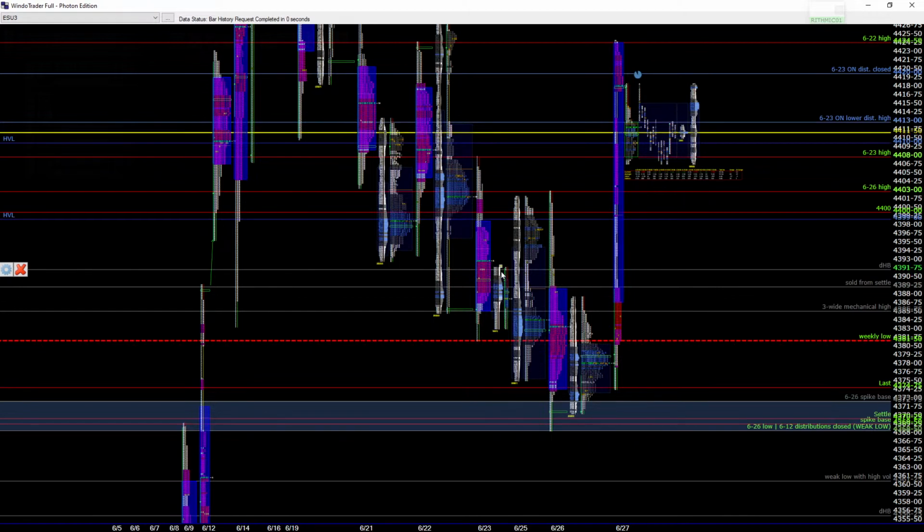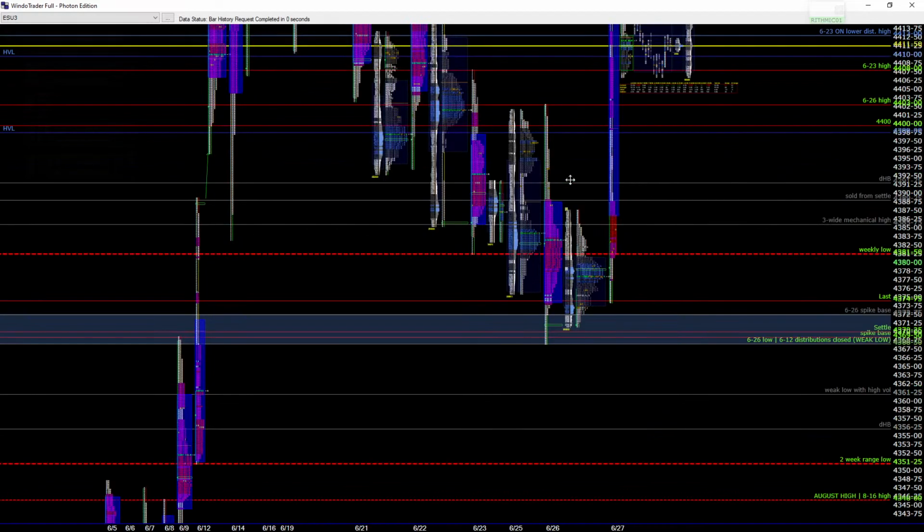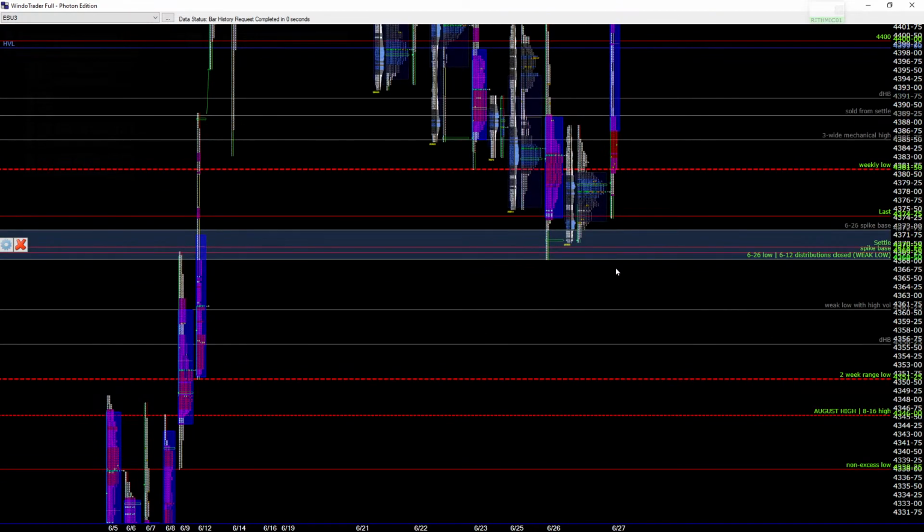Remember the 2-week range? This is the weekly low. The other one, the low of the 2-week range, is this. This was very important to me as well. Downside continuation, we see acceleration here towards this range, and rebalancing guidelines being reapplied here.